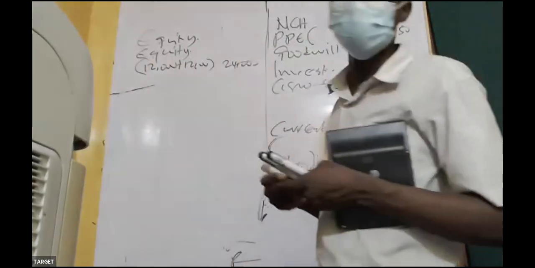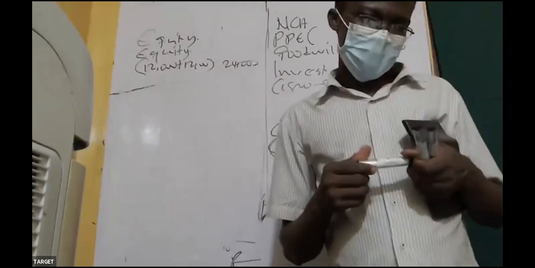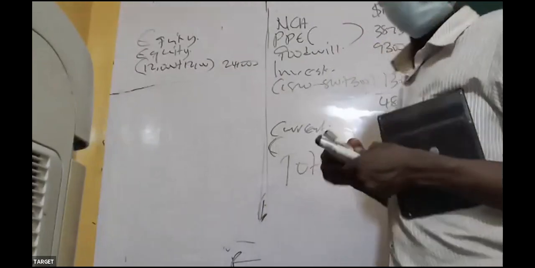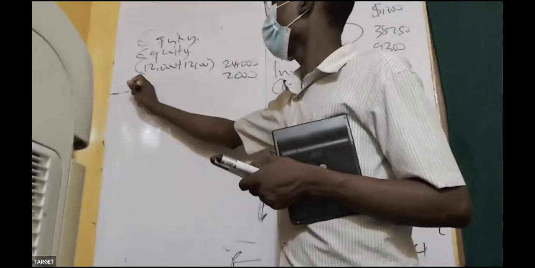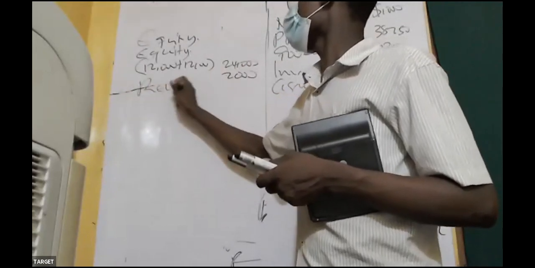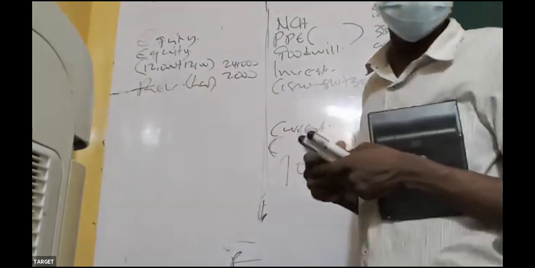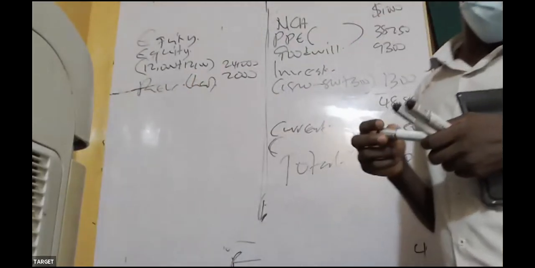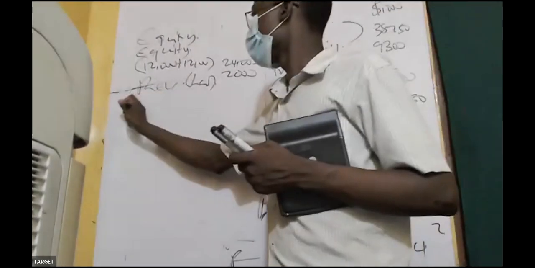Agreed. Then from there we recorded the land. The land, they call it revaluation reserve (land): 2,000.